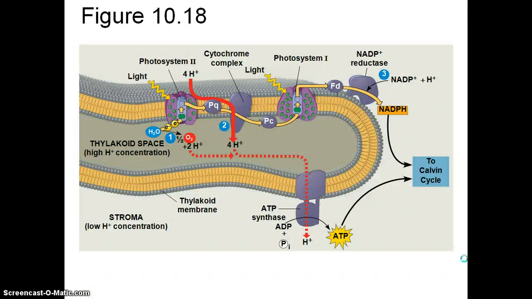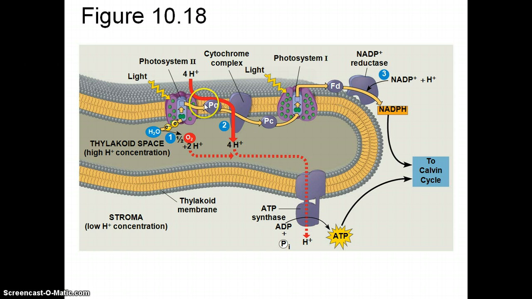This is a picture taken from your textbook, and you can see the same structures, maybe laid out a little more clearly. Walking through this quickly, and again we're going to go into more detail, first light excites electrons in photosystem 2. Those electrons are brought to a higher energy state with the light's energy, and from there they are immediately put into this electron transport chain.